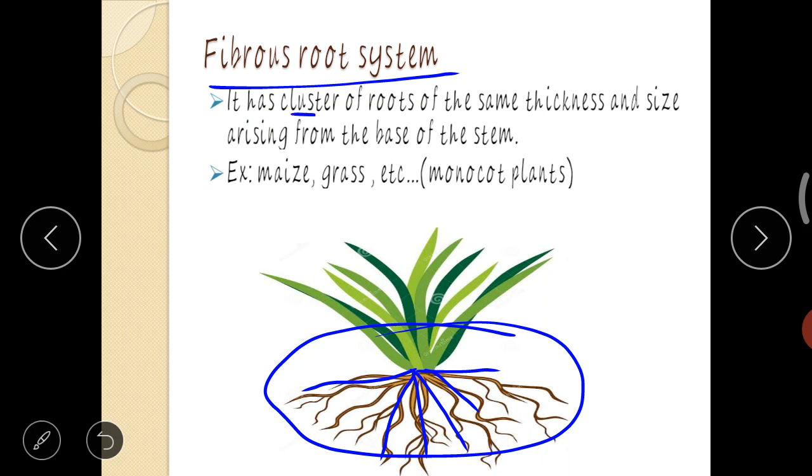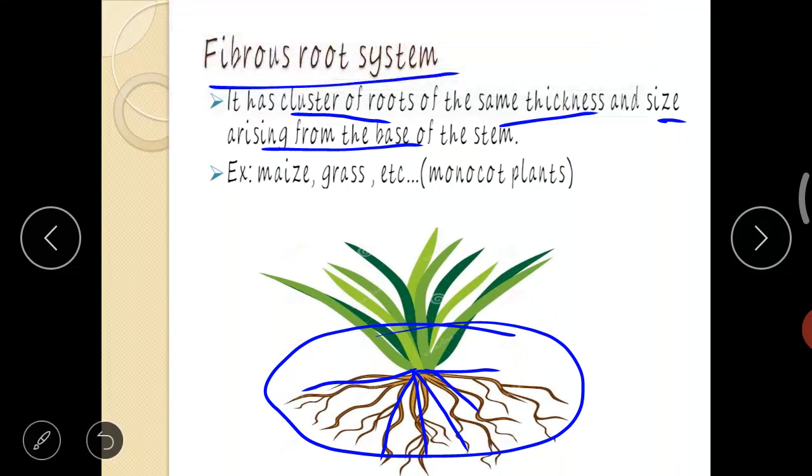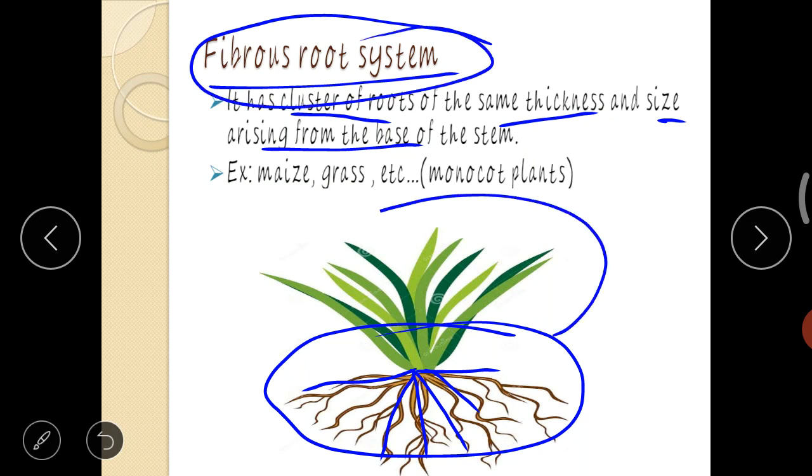The cluster of roots of the same thickness and size arising from the base of the stem is called fibrous root system. Usually this fibrous root system we can see in maize and grass. It is common in monocot plants.